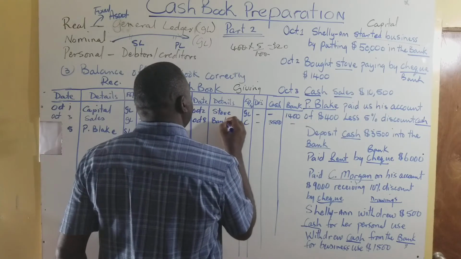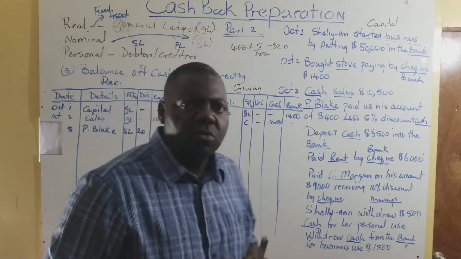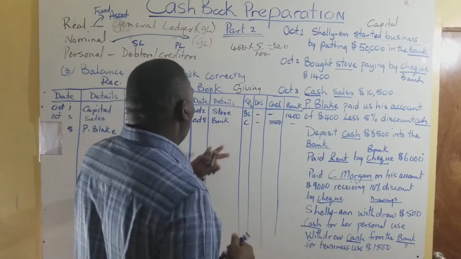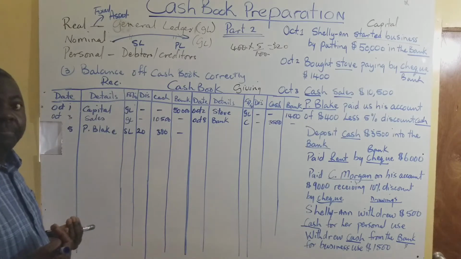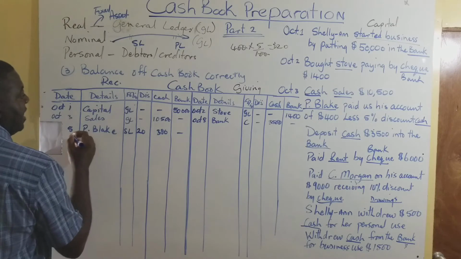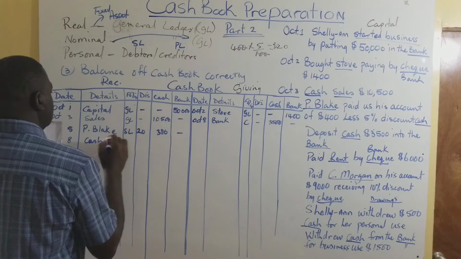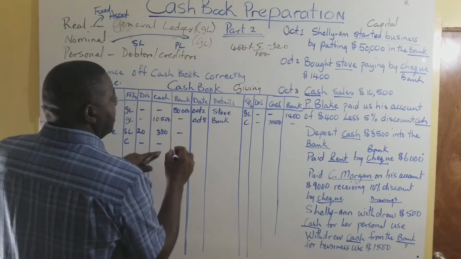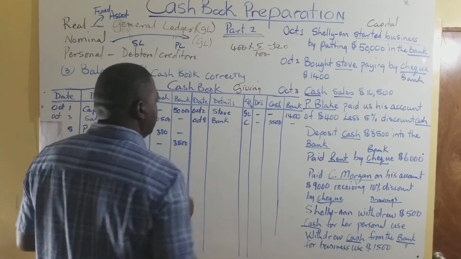We're not through, because both the bank account and cash account are in the cash book. So we go to this side now and show that the bank has received that cash from the business. We go here, the 8th again, and we have cash in the details, C for contra entry, and under the bank column we have 3,500.